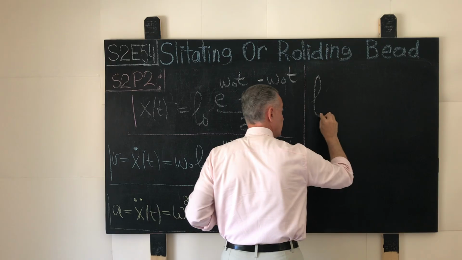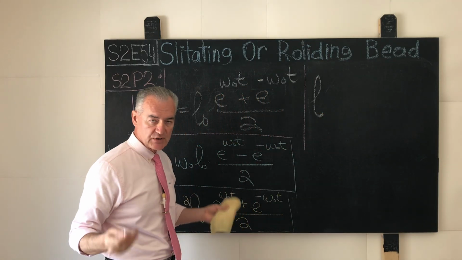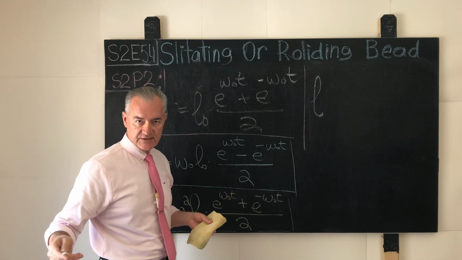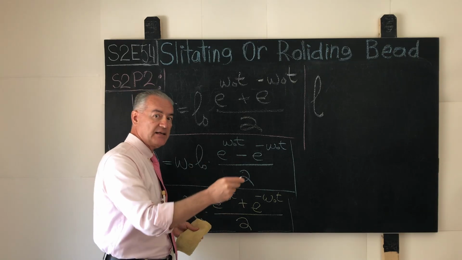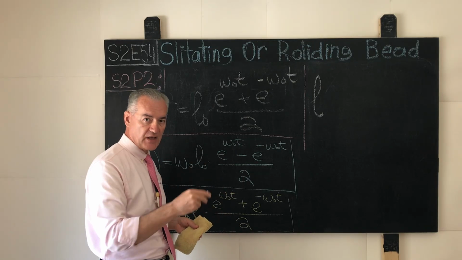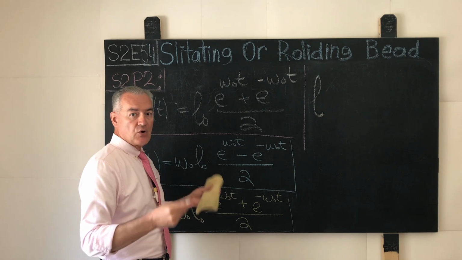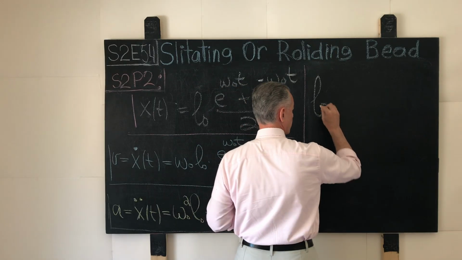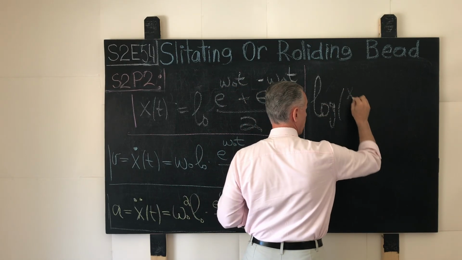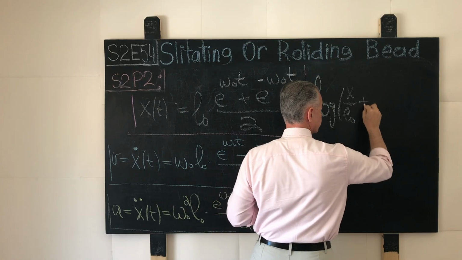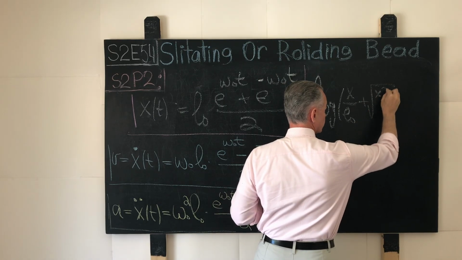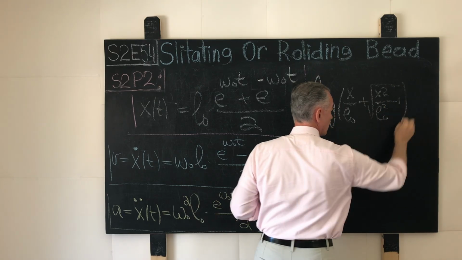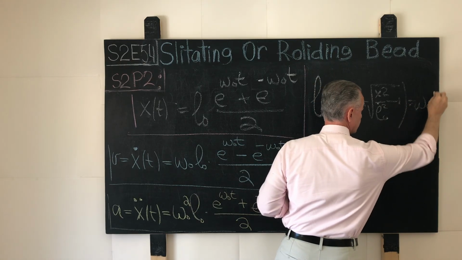But remember, when we separated the variables one more time and computed the integrals, the integral of omega 0 dt on the right hand side and the integral of dx over the square root of x squared minus L0 squared, when we evaluated both integrals, we obtained the following result: the log of x over L0 plus the square root of x squared over L0 squared minus 1 was equal to omega 0 t.